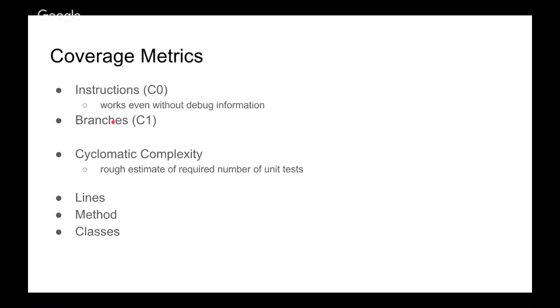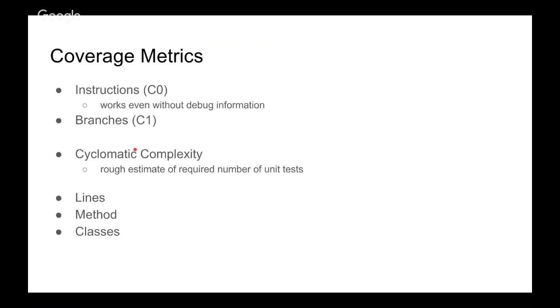Branches is also nice. Whenever you have a branching point, like an if statement, or while, or switch, EclEmma records the branches which have been executed and which are covered for you and shows this. And from the control flow and the branches, you can calculate cyclomatic complexity.